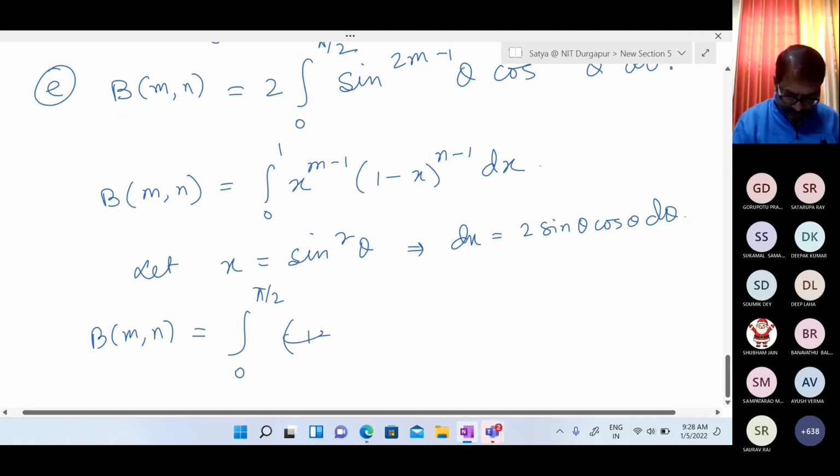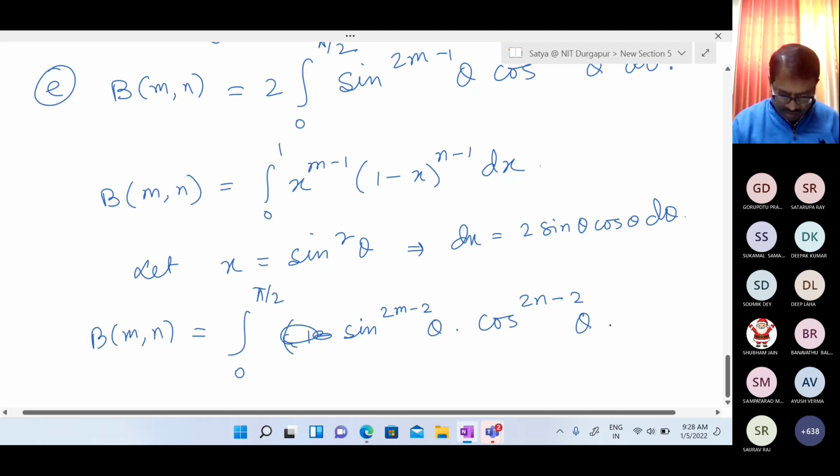So we get sine to the power 2m minus 2 theta, and on the right side 1 minus sine square theta, that means cos square theta, so we get cos 2n minus 2 theta, and dx equal to 2 sine theta cos theta d theta.